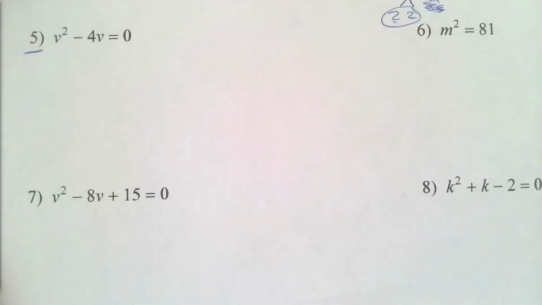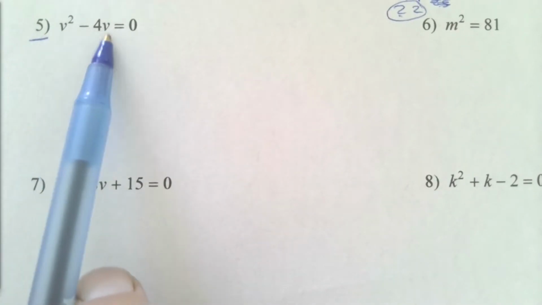Okay. Number 5. You don't need to use quadratic formula on this. Does anybody know what we do? We could factor. Can we GCF anything? What's something we could take out of every single group? What do all the groups have in common? What's in both of these?